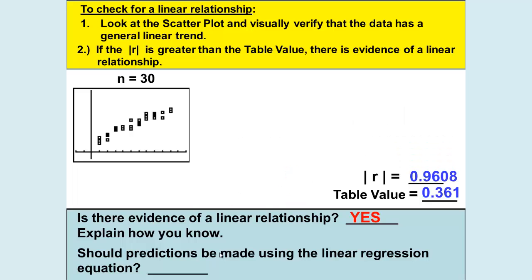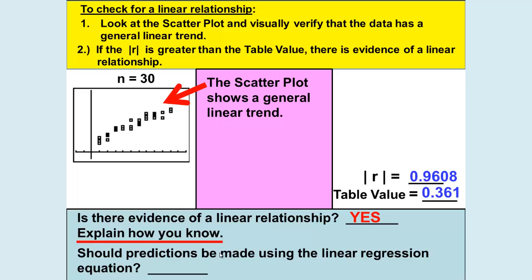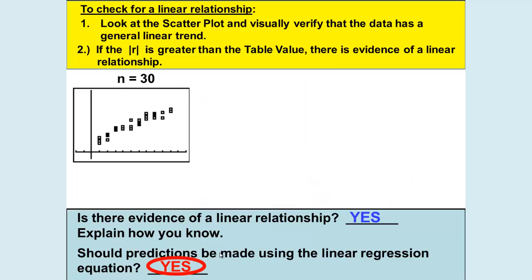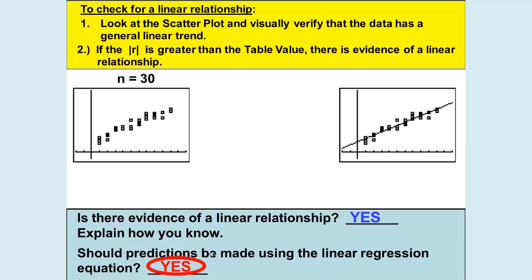Explain how we know. Because the scatter plot shows a general linear trend, and since the absolute value of R is greater than the table value, there is evidence of a linear relationship. Should predictions be made using the linear regression equation? Yes, we can make predictions.